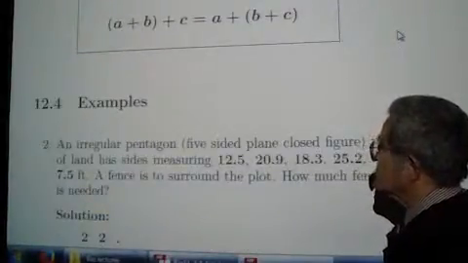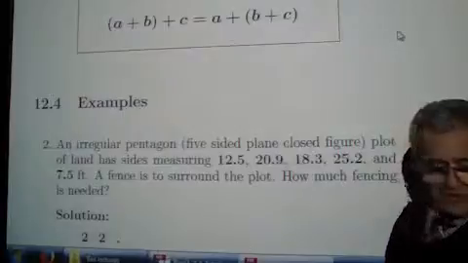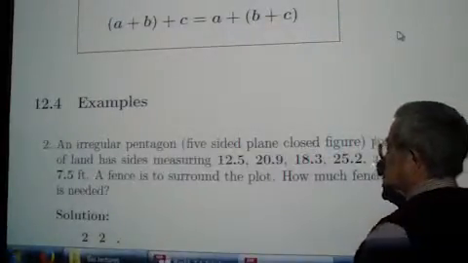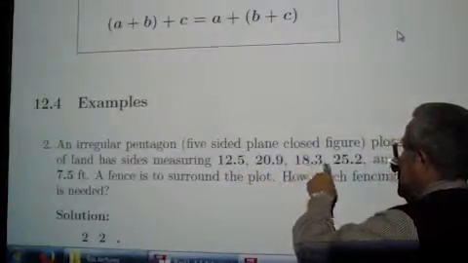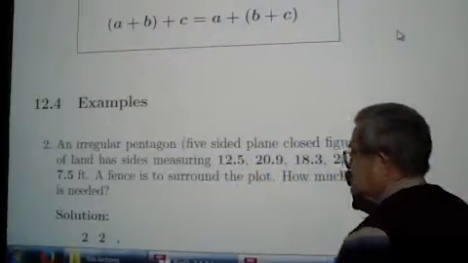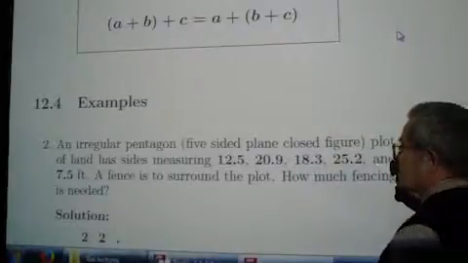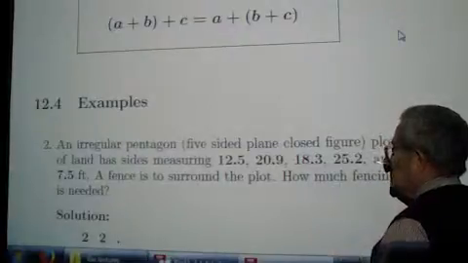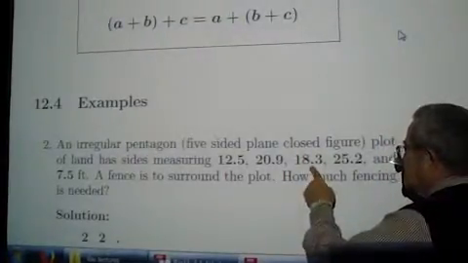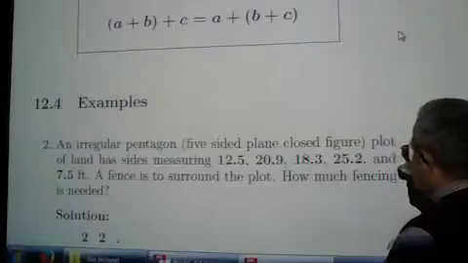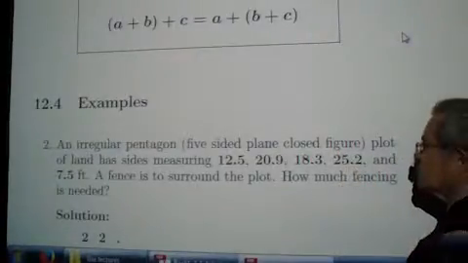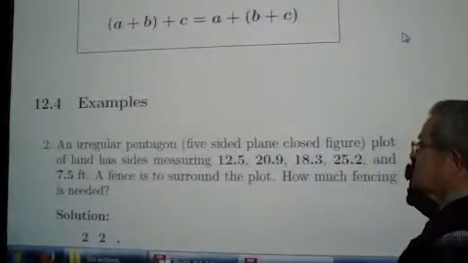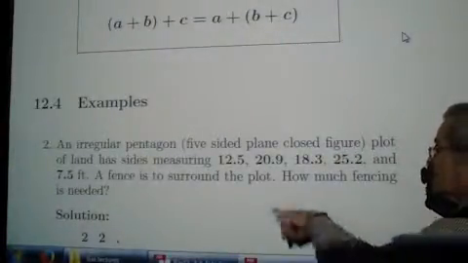Another example, an irregular pentagon. A pentagon has 5 sides. It has measures 12.5, 20.9, 18.3, 25.2, and 7.5. What is the perimeter? Perimeter means how much fencing do you need?